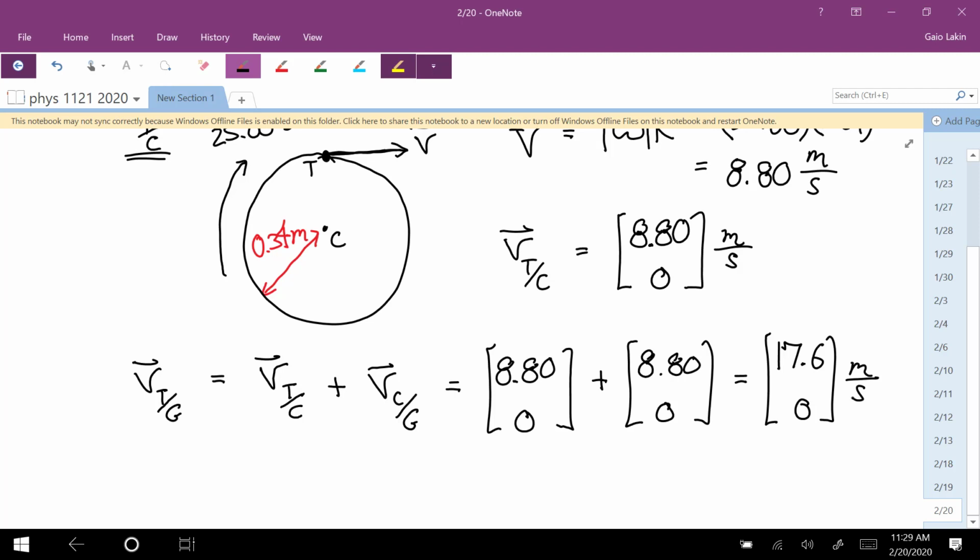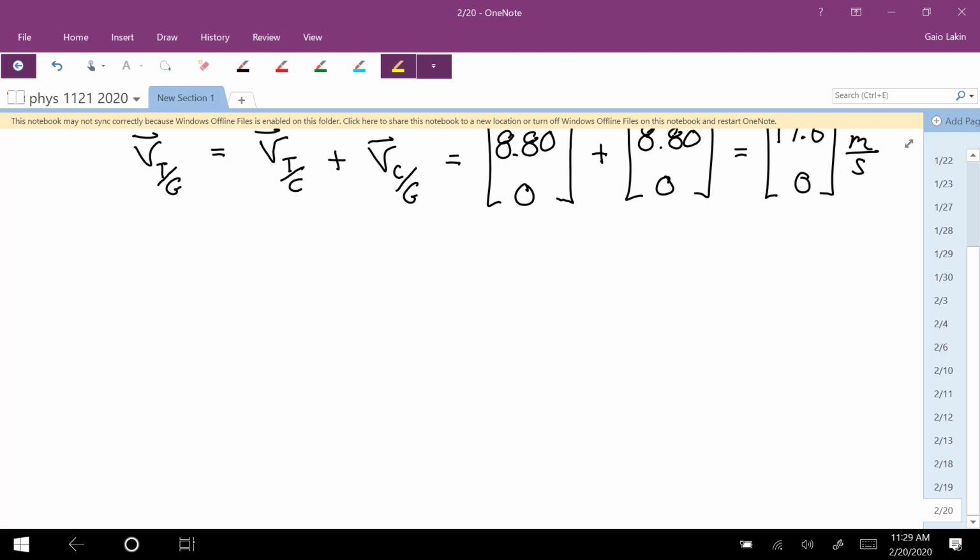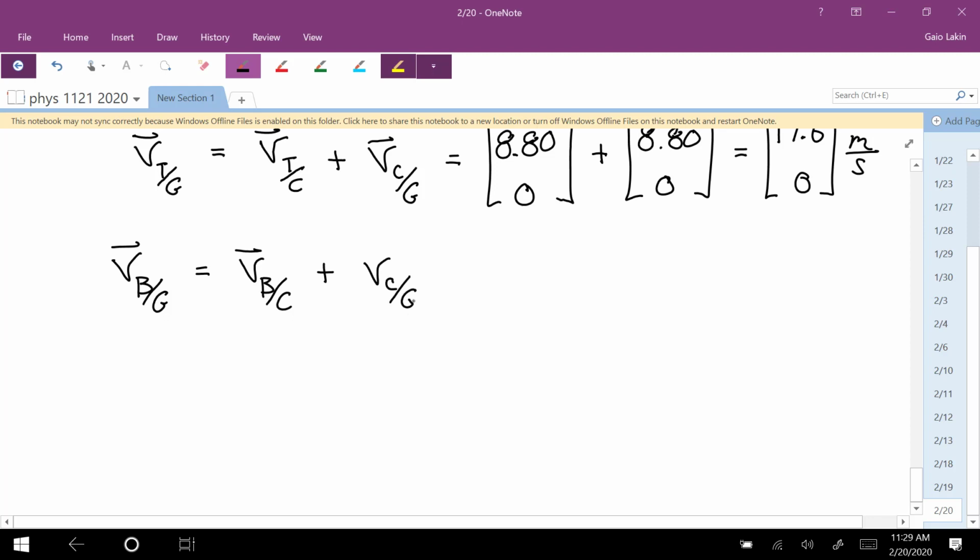And then, so let's do it for the bottom now. It's the same idea. So the velocity of the bottom relative to the ground is equal to the velocity of the bottom relative to the center plus the velocity of the center relative to the ground.